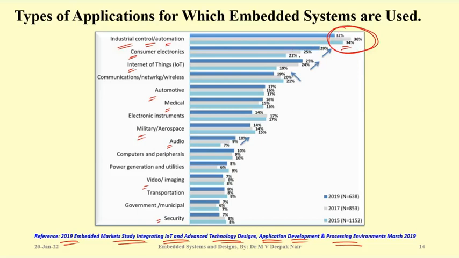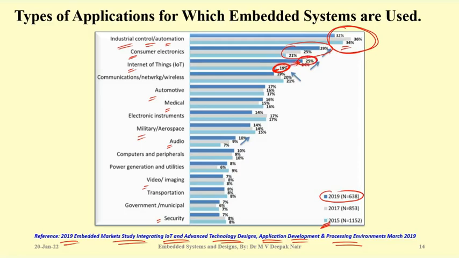Then, of course, consumer electronics like your mobile phone still hold 30% of the market. For IoT related devices, in 2015 the market was only 19%. But from 2015 to 2019, the market has jumped to 25%.